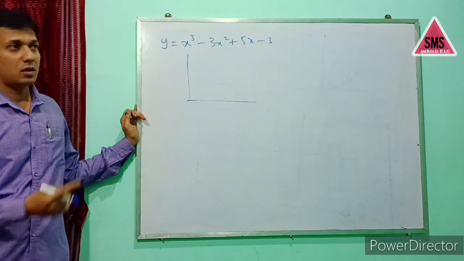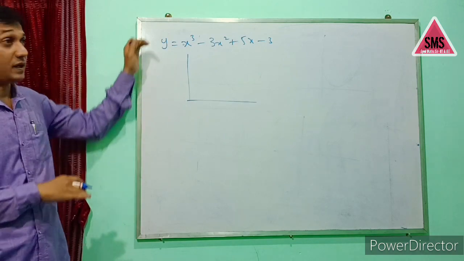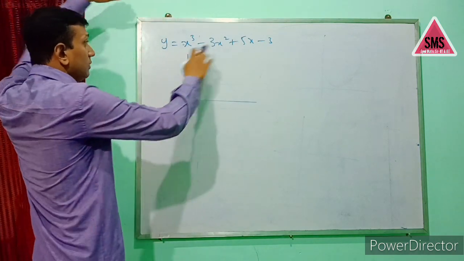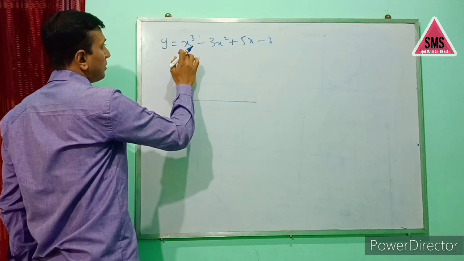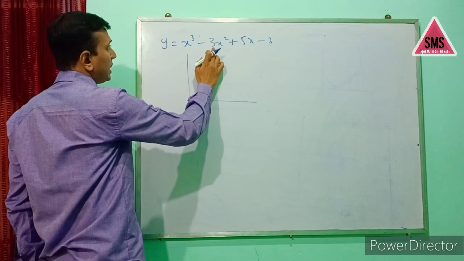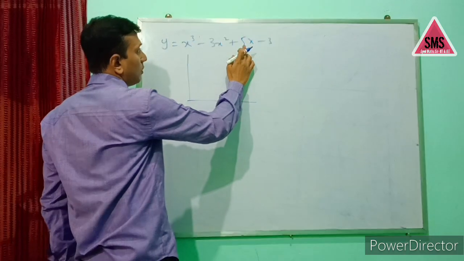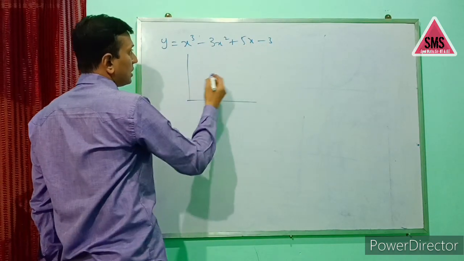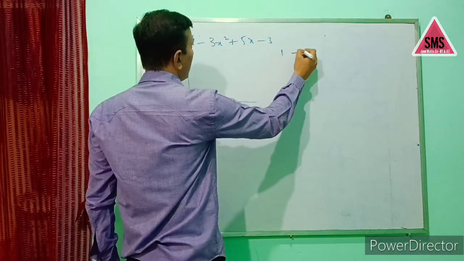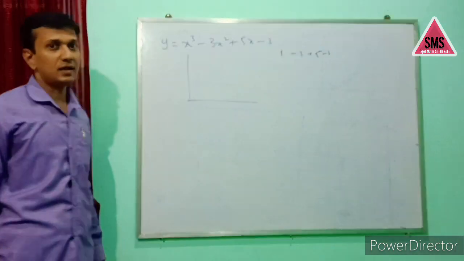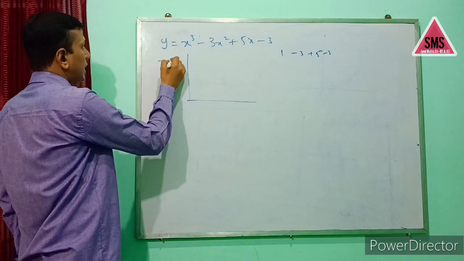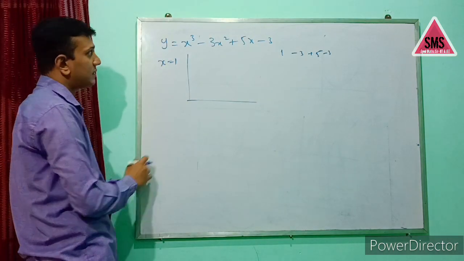Sum of all coefficients: 1 minus 3 plus 5 minus 3 is 0. Then x minus 1 is a factor, so x equals 1 is a zero of this polynomial.